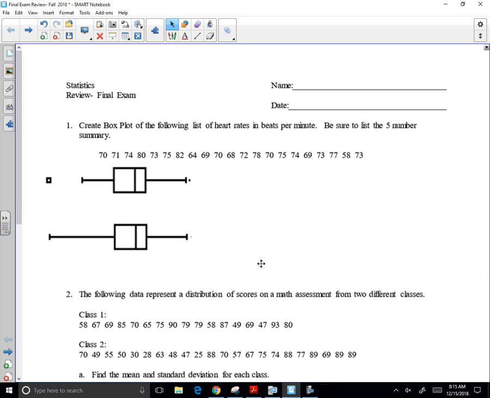The box is situated the same way. They both have roughly the same length, or at least it seems that they do. I get this schmutz here that we don't need. It's distracting. Okay. The first one is called a modified box plot. It shows outliers.